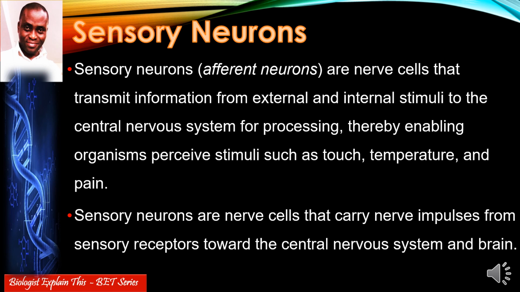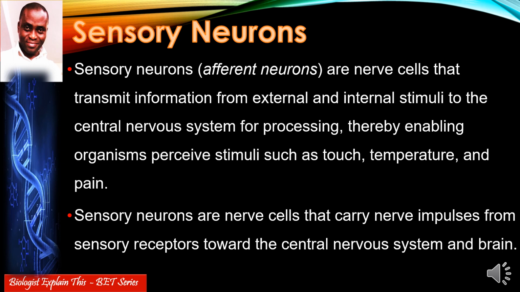So they are the connection between receptors and the CNS. I'm sure that is easy to remember. Again, for the sake of emphasis, sensory neurons are between the receptors and the central nervous system. So they transmit information registered by the receptors to the central nervous system, where you've got the brain and the spinal cord, for processing.